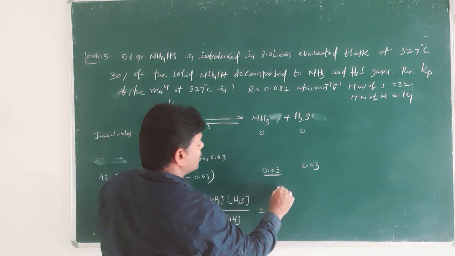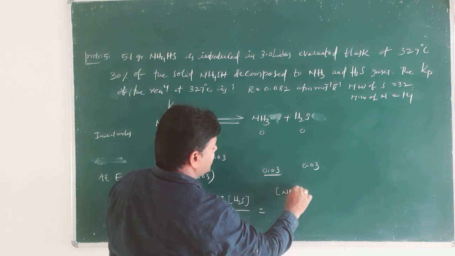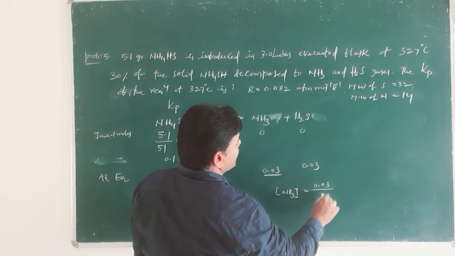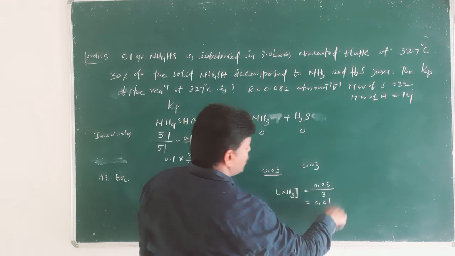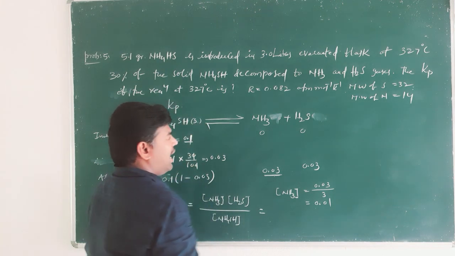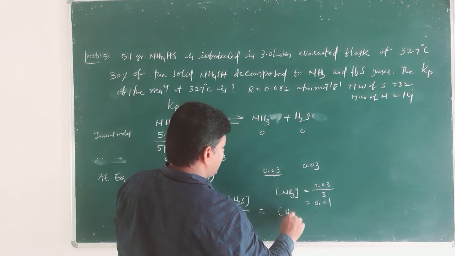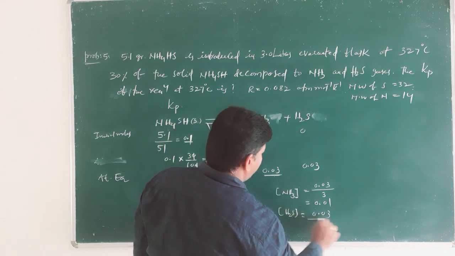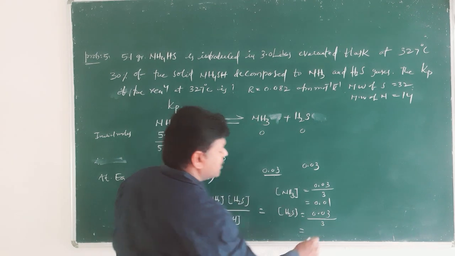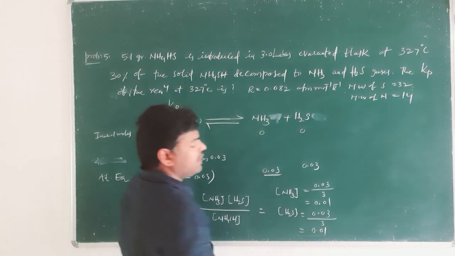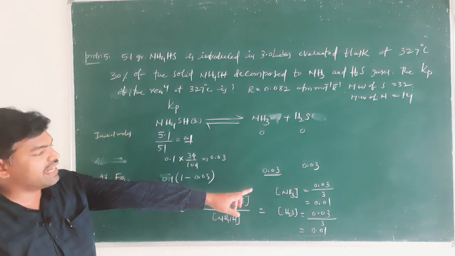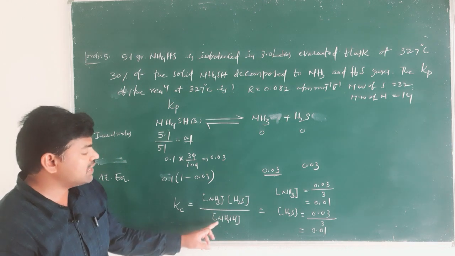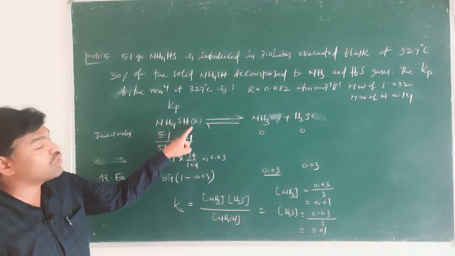So, concentration of NH3 is equal to moles 0.03 by 3 liters, that is 0.01 molar concentration, and concentration of H2S is 0.03 moles by 3 liters, which also comes out to be 0.01. But what is the concentration of NH4HS? NH4HS is a solid.